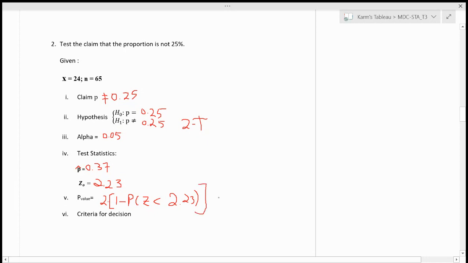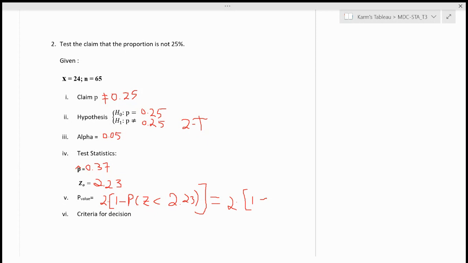So that's going to give you 2 times 1 minus what? 0.0258. Let's do it step by step first.